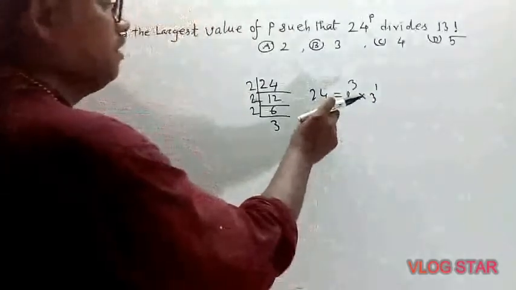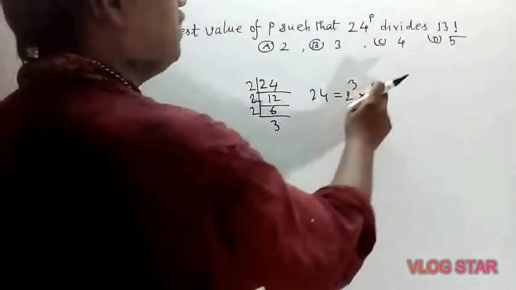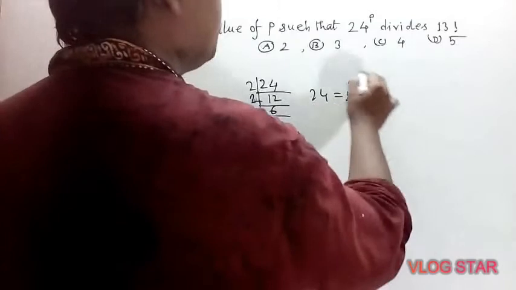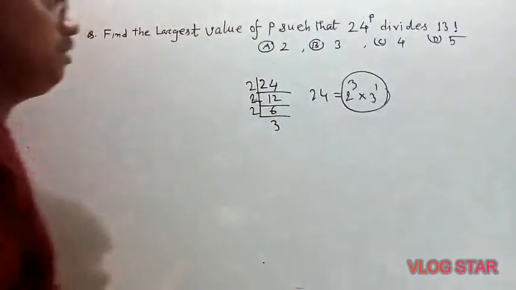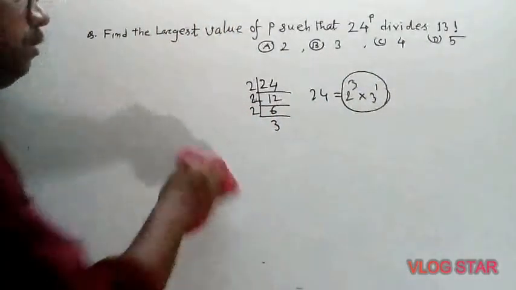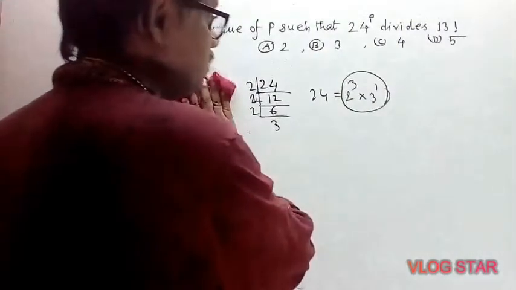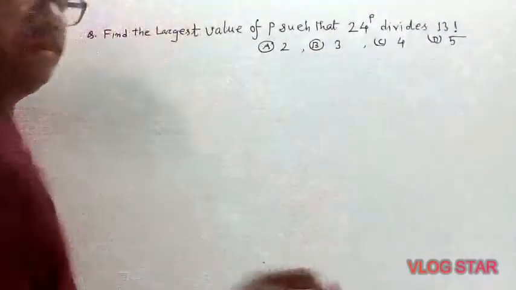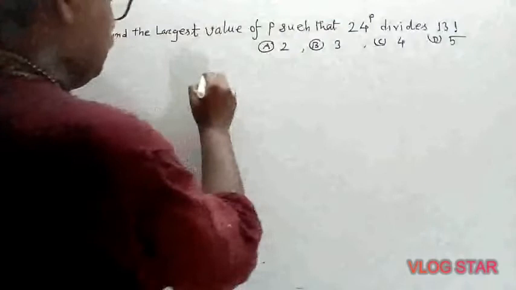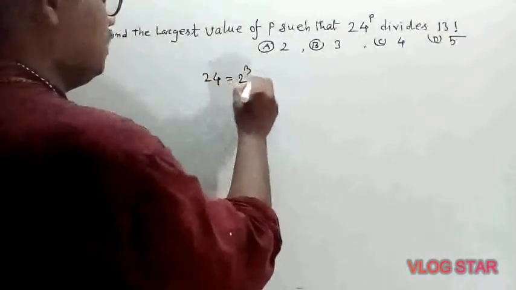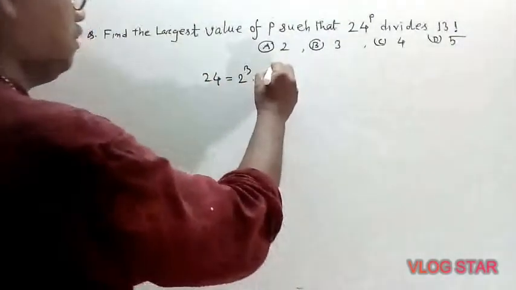In 24, there are three 2s and one 3. So we have to take this combination: with three 2s we take one 3.